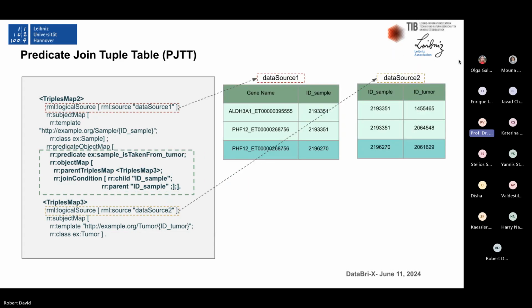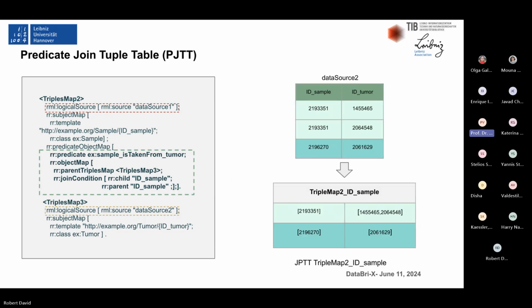Imagine I have these two triple maps, triple map 2 and triple map 3, and triple map 2 has a join with triple map 3. Initially we have this data in the data sources. So please go next.